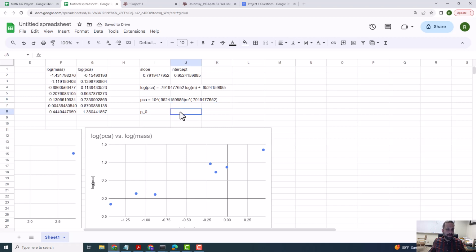What would m need to be? You can solve this equation. You can do 2p naught is equal to this, and you can solve this equation for m, and that'll tell you what the mass needs to be.